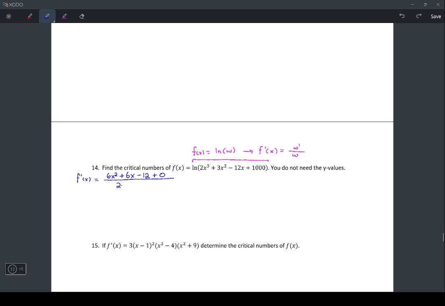And then down below, 2x cubed plus 3x squared minus 12x plus 1000. There's not much to do to simplify this. I'm going to common factor a 6 from the top, and we have x squared plus x minus 2. On the bottom, I'll just copy it.